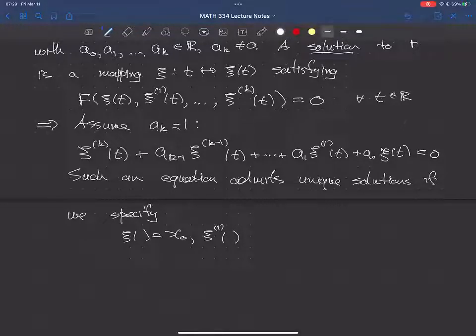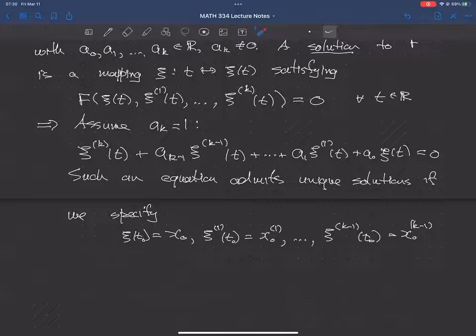Okay, so at t0 it is x0,1, up to c k minus 1 of t0 equals x0,k minus 1. Right, so again, these are numbers, okay, and the subscript just means that this is the initial condition corresponding to the first derivative, okay, but all these are just numbers.